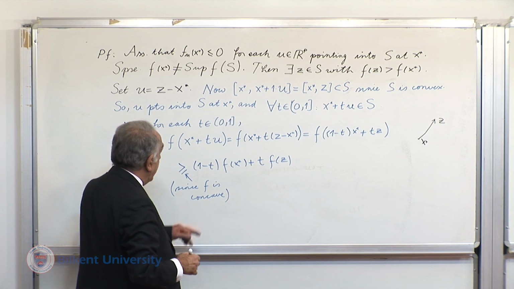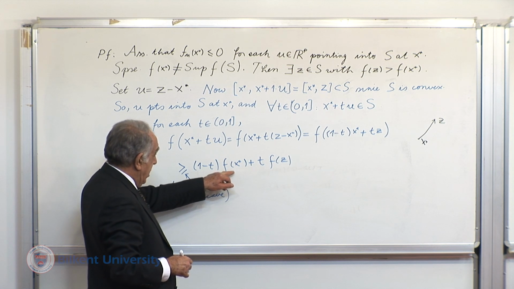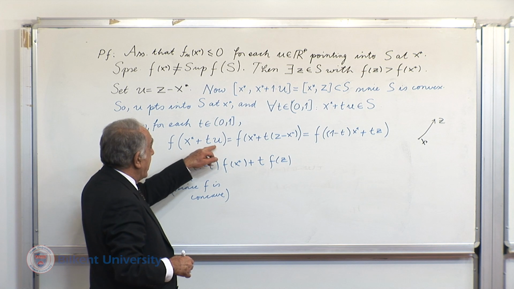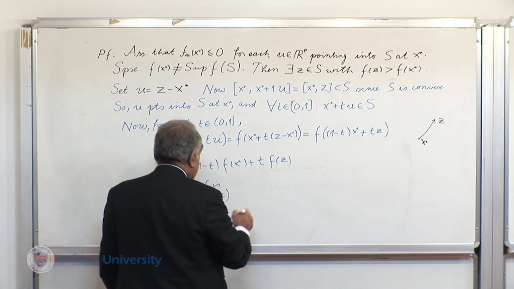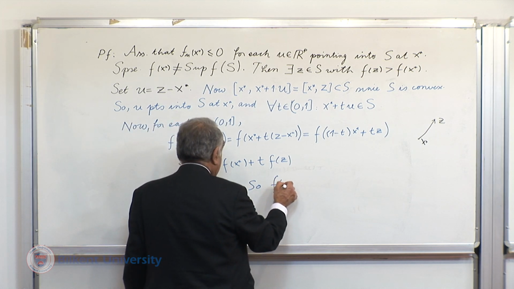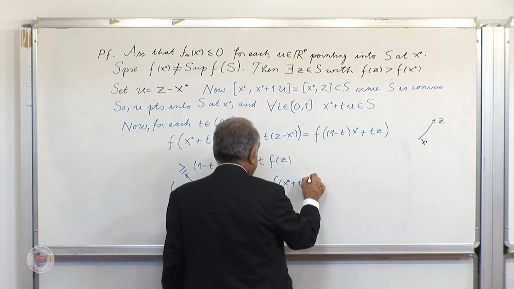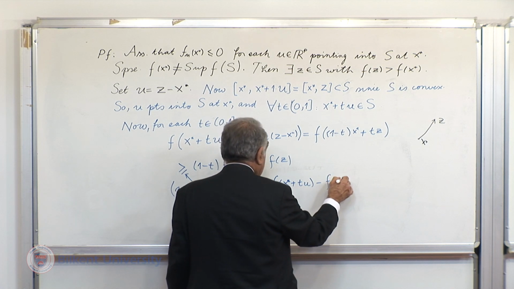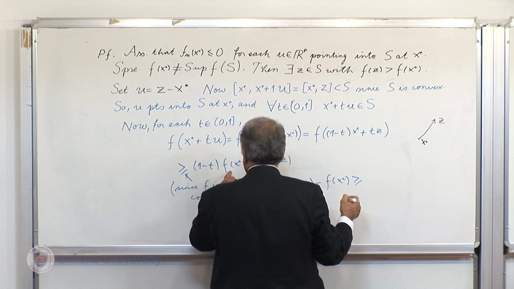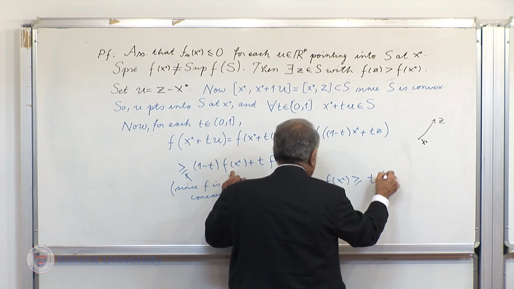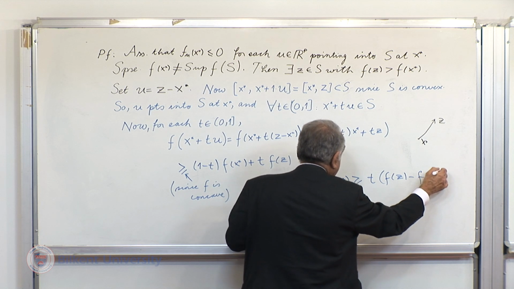Okay, but now I can take this 1 times f of x star and subtract it, and I get f of x star plus tu minus f of x star, which I wish to have. That will be larger than or equal to t times f of z minus f of x star.